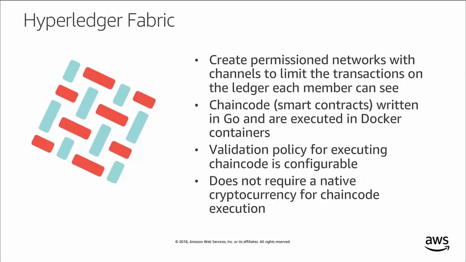Fabric runs Chaincode, which is smart contracts, available for a couple of different programming languages, and there's a bunch of customizations you can do in validation policies and other things like that. So there's a lot of different levers you can pull to customize exactly the way the Fabric network works for you. And finally, there's no native cryptocurrency. Remember, this is a private network, and so you don't need that incentive cryptocurrency embedded in it to make the network run.